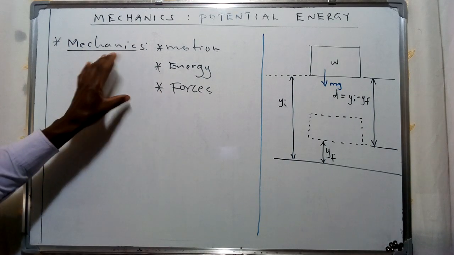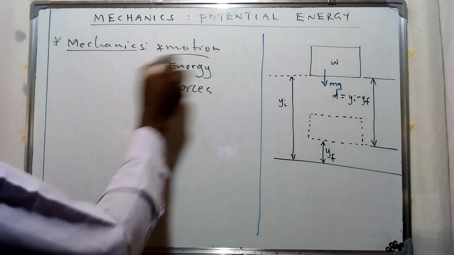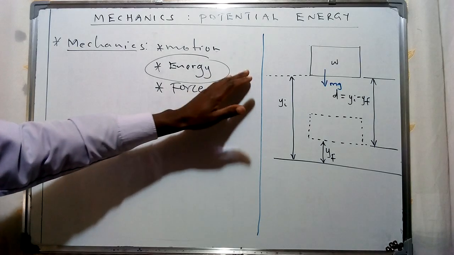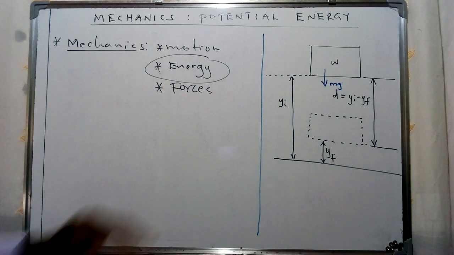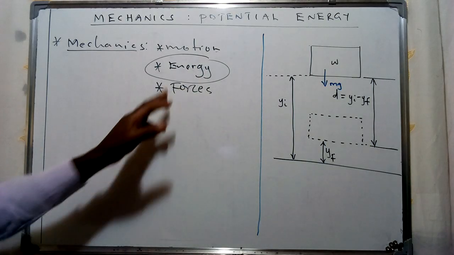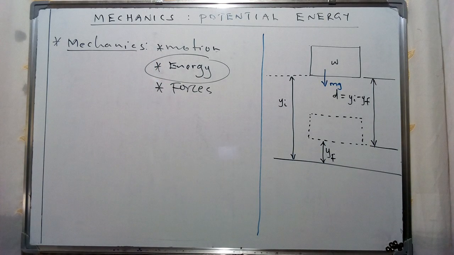Now, in that particular case, we're going to look at this aspect of energy, and this will have a relationship with various forces which are going to be involved. And this particularly is going to be concerning the energy at rest, and some of the effects of forces on these specific objects, which are basically stationary or at rest.